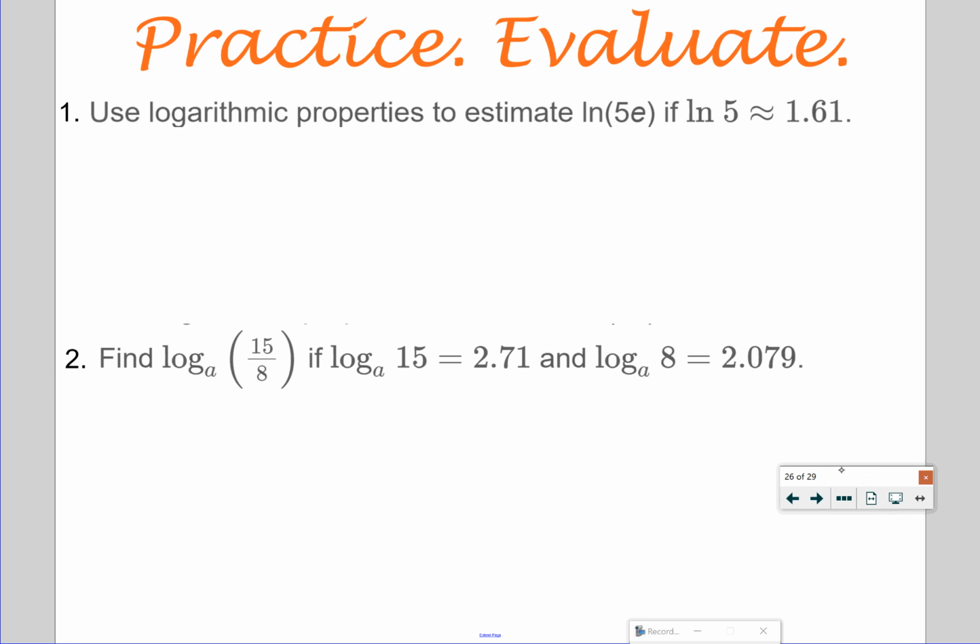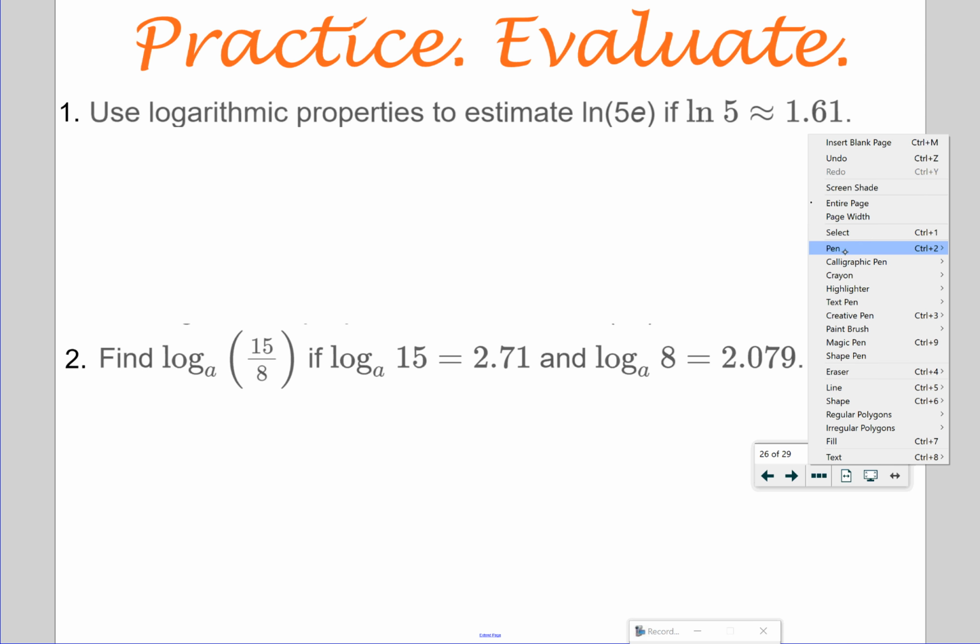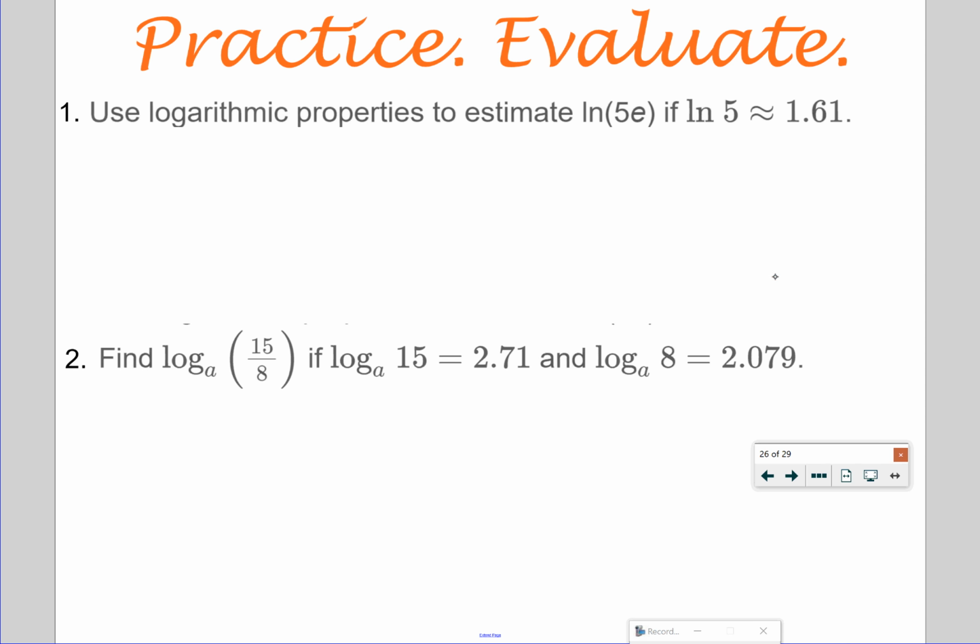Okay, so here are a couple for you to try. Okay, so in number 1, I have natural log of 5 times e, which means I can separate that into addition.